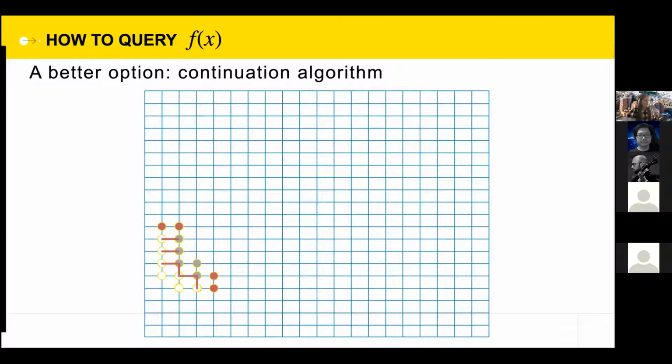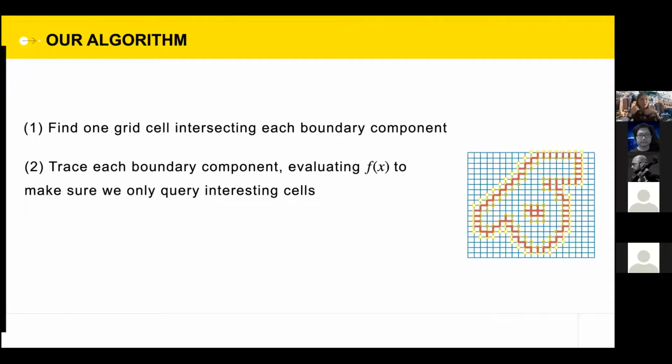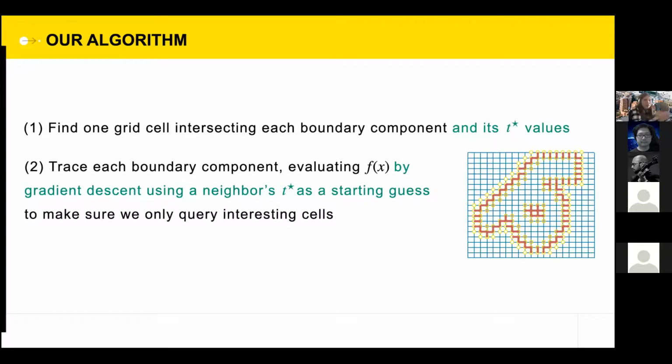So the algorithm that we described before that served to optimize the number of times we queried F, turns out it also helps us to query F efficiently without the need to discretize the time parameter and without the need for global searches, because we can just propagate this T star value as we move on from one grid cell to the neighbor, and just transfer the T star from one point to the next, so that we can start gradient descent with a very good idea for where the global minimum will be for the new point.